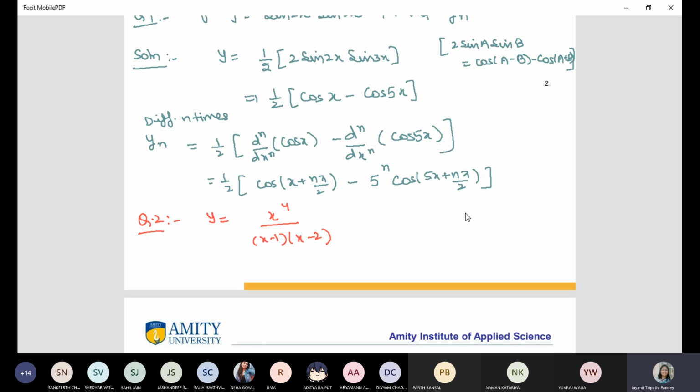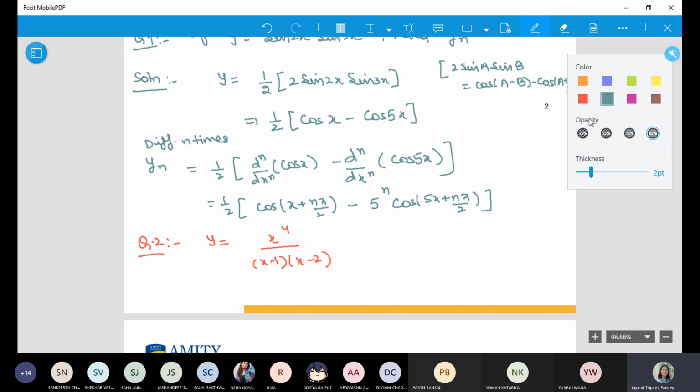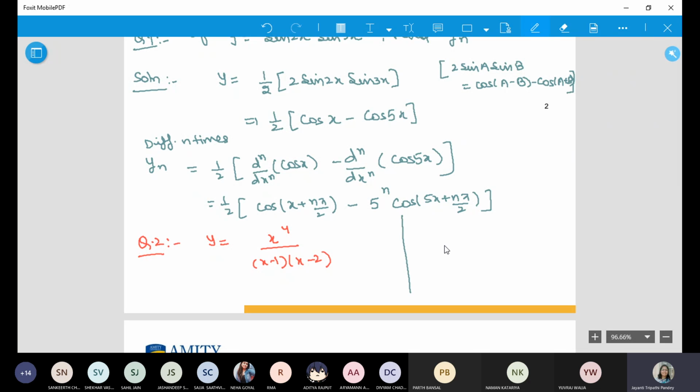So actually what you have, I'm writing it here. You have x to the power 4 divided by x square minus 3x plus 2. Just check, is it right? Yes, ma'am. Now I want you to divide and give me the output.